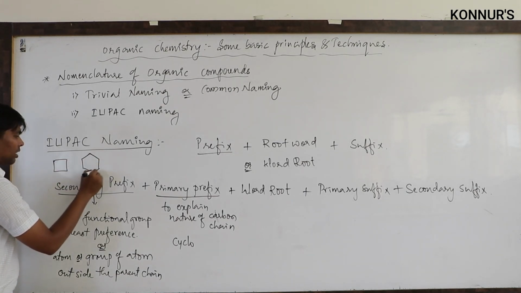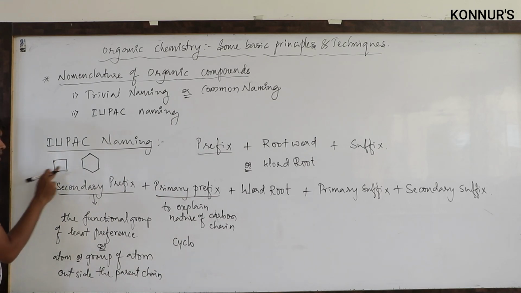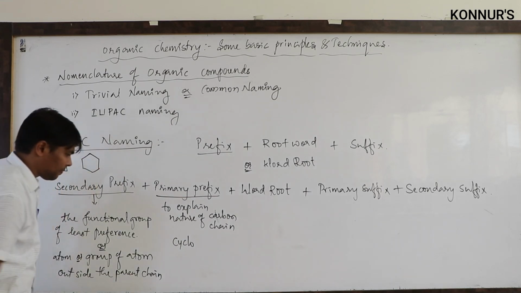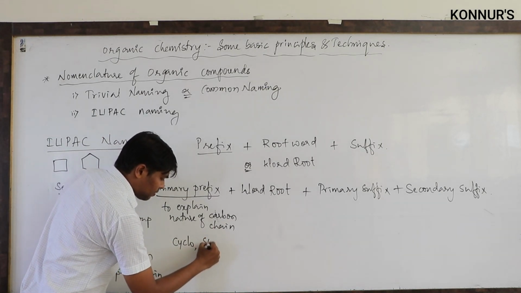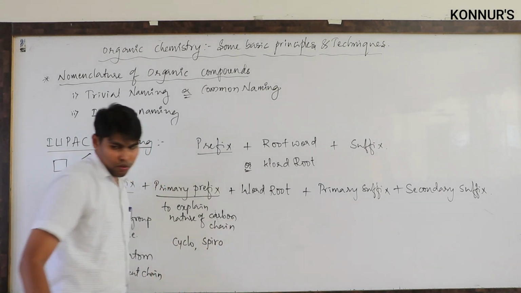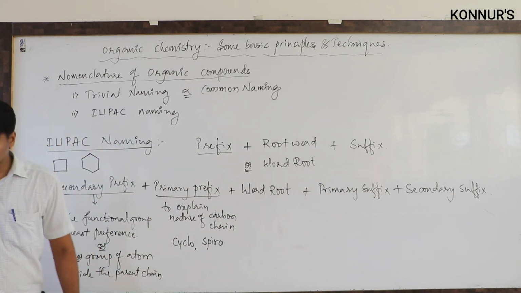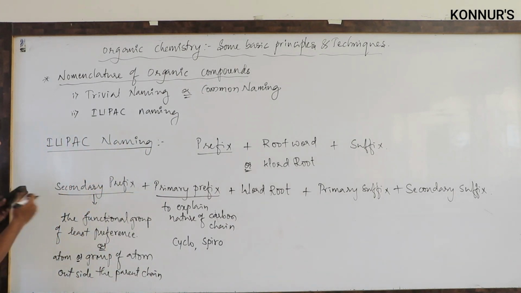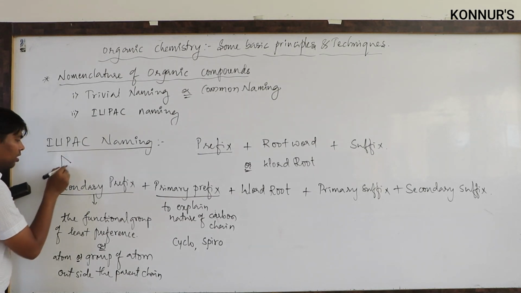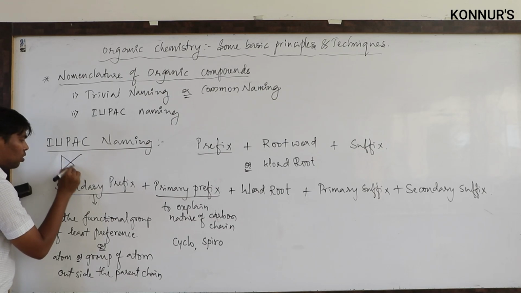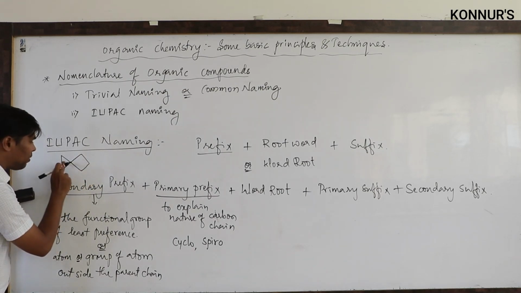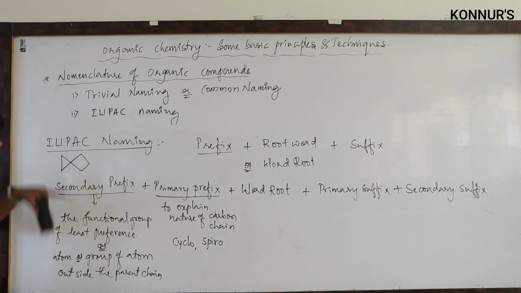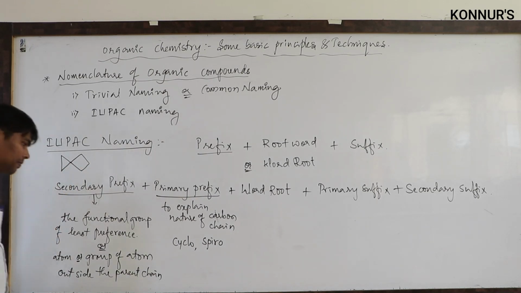Cyclobutane, cyclohexane. And sometimes spiro is used only if a single carbon is shared between two of those rings. Here one ring is there, one more ring is there. Here one carbon is shared between these two rings.